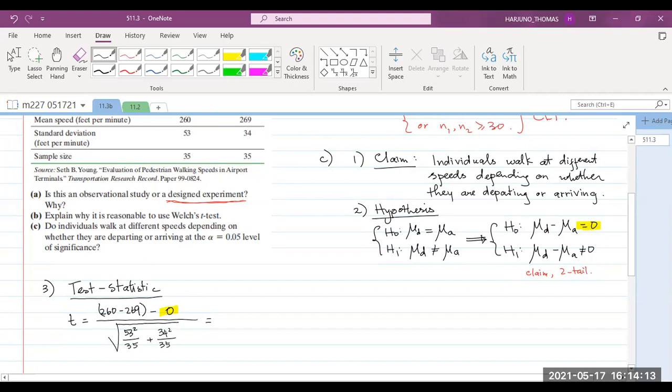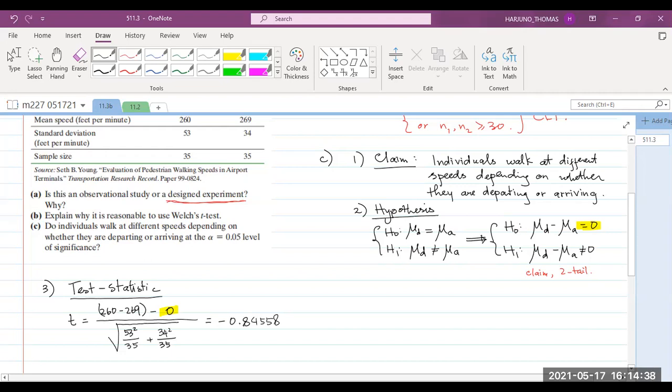Now we use our calculator. 260 minus 269, that's the numerator, divided by the square root of 53 squared over 35 plus 34 squared over 35. I get negative 0.84558.